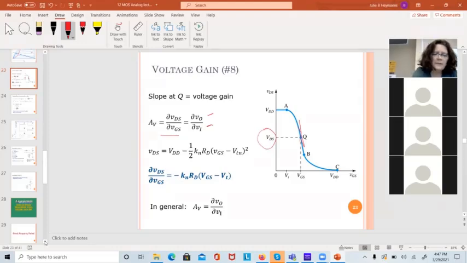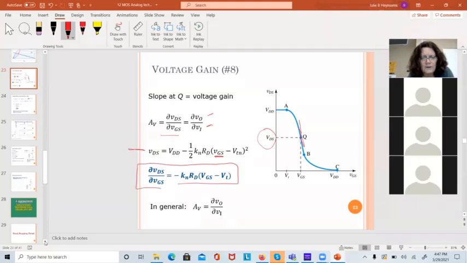So we've already developed an equation for VDS in terms of VGS. Taking the partial derivative, I just treat things like ID, VDD, RD, and K as constants. I take the derivative of this equation.